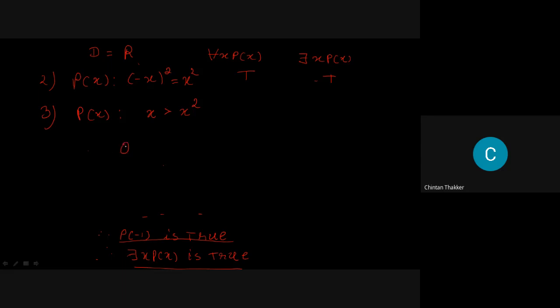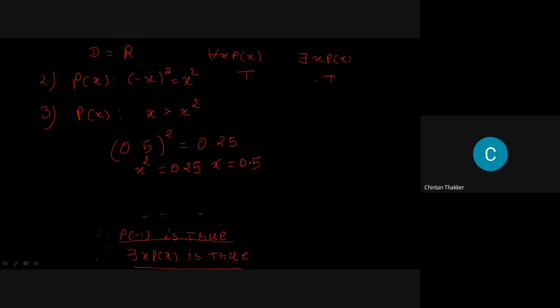Okay, what is the square of 0.5? 0.25. So this is x square and this one is x. Sorry, x square is 0.25 and x is 0.5.